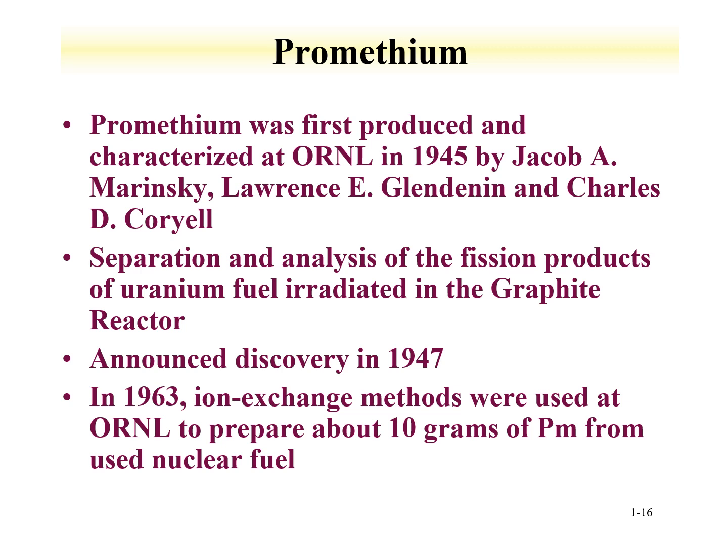It was known that there was a gap in the periodic table. Understood from this, one could understand some of the expected properties of this promethium. It was separated, and the analysis of fission products of uranium fuel irradiated in the graphite reactor at Oak Ridge showed the presence of this element.